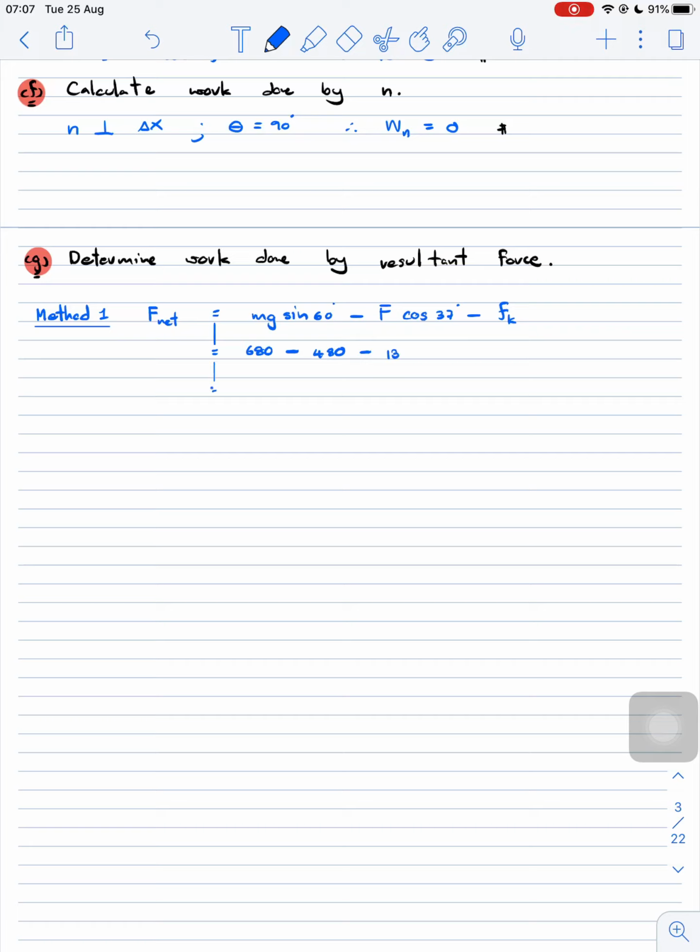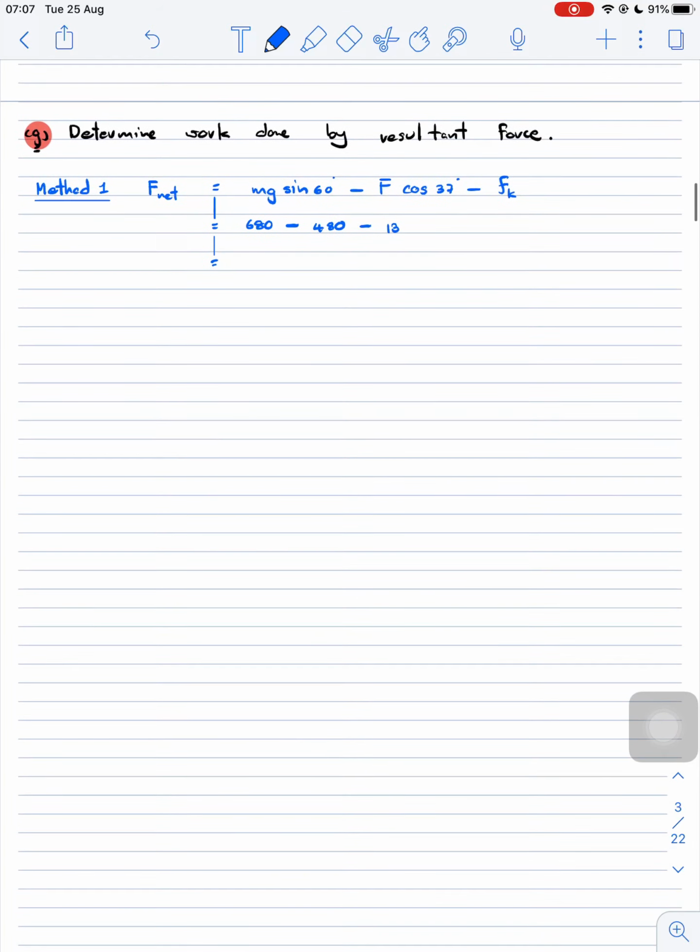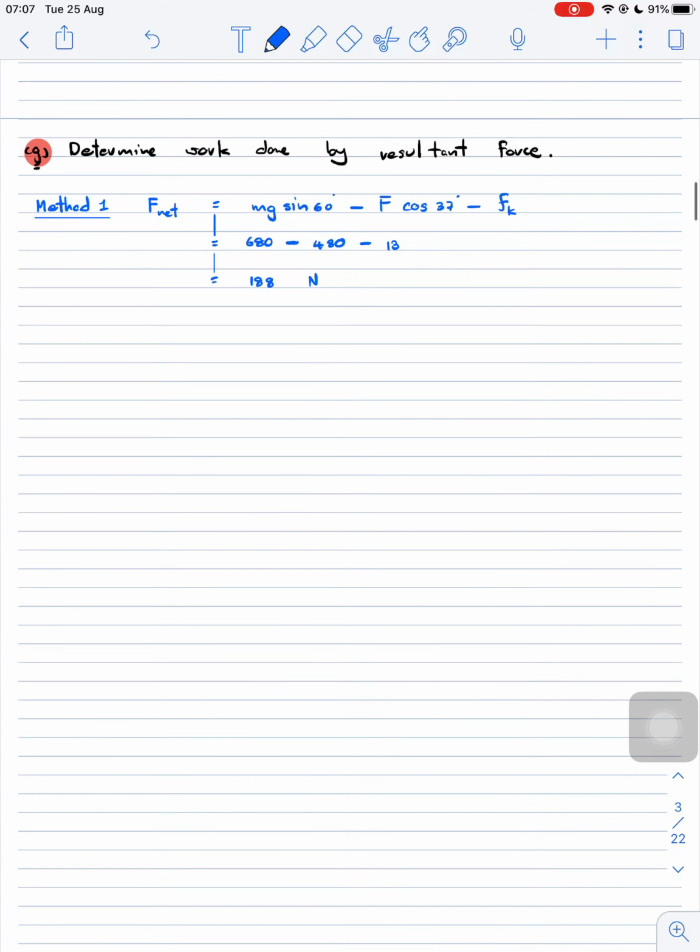Then in this case, we can get the net force equal to 1188 Newton. Okay, but if we just take two significant figures, it's going to be equal to 1190 Newton for the two significant figures here.